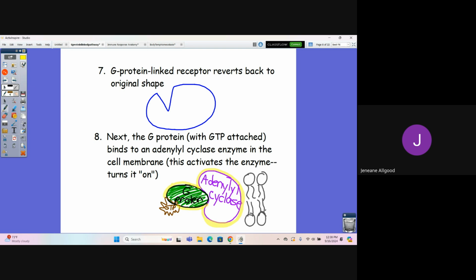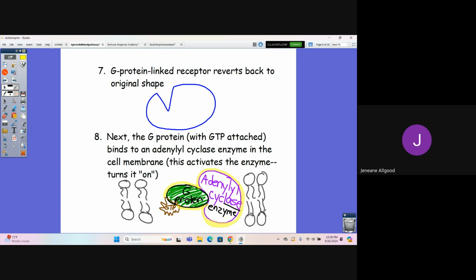Then I'll draw a few phospholipids over here, just reminding you that as of right now, we are still in the cell membrane, but that is about to change. If you don't know this, you probably have heard this in bio, but when something ends in ASE, that's a pretty good hint that it's an enzyme. Okay, so adenylyl cyclase is an enzyme.